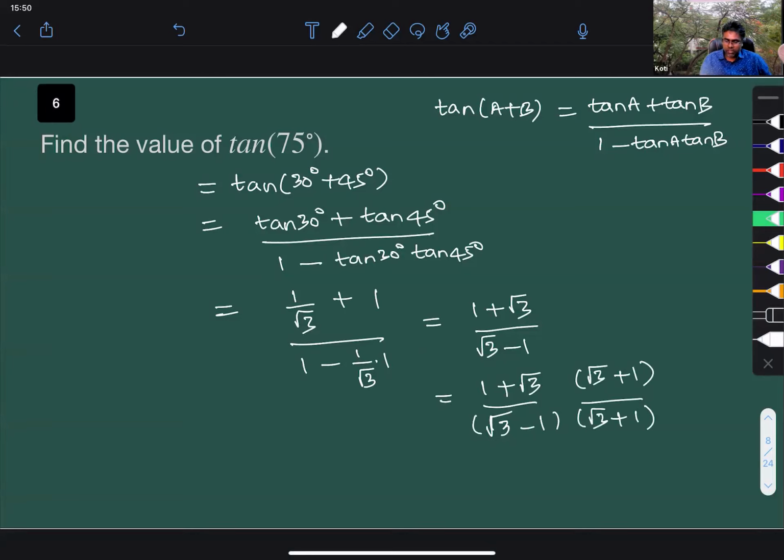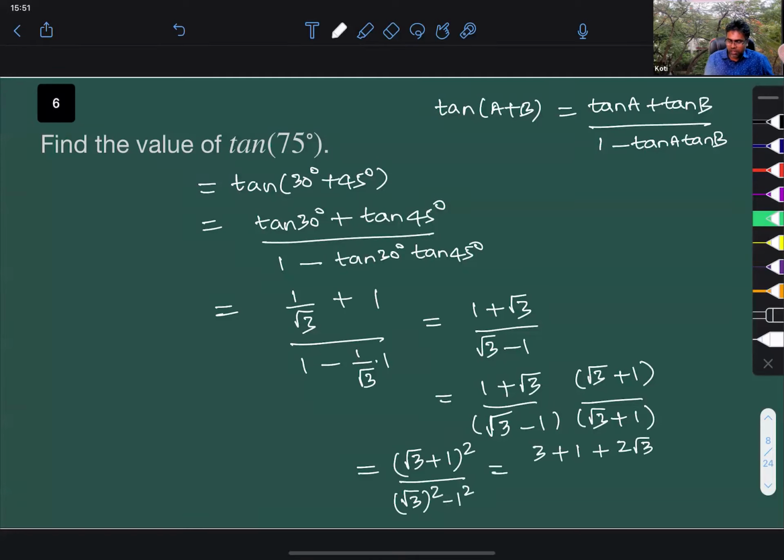So we're not doing much. In the numerator, you have root 3 plus 1 whole square. And in the denominator, you have a plus b into a minus b, so that would be a square minus b square, so 1 square. Now if I open it up, a square is root 3 square, so that is 3 plus b square 1 plus 2ab, that will be 2 root 3.